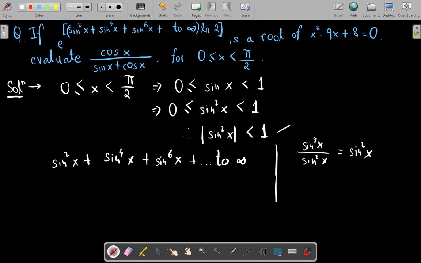Similarly, if we divide the third term by the second term, we get sin to the power 6x divided by sin to the power 4x, and this is again sin square x. So this is an infinite GP series, and the common ratio is sin square x, which is less than 1.